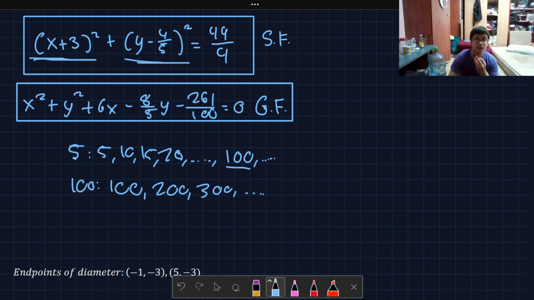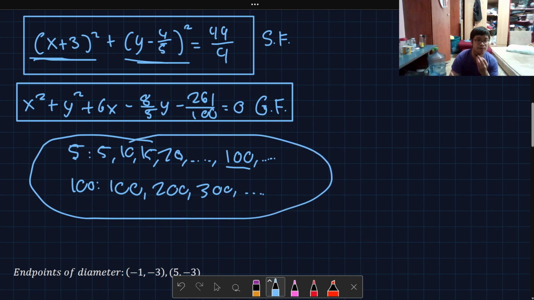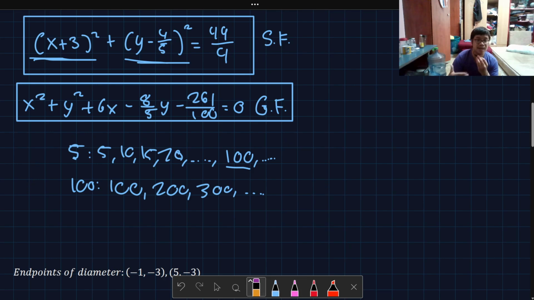By the way, what I'm doing here is listing all the multiples of 5 and 100, so that we can get the common multiple. There are actually a lot of common multiples of 5 and 100. In fact, 200 and 300 are also multiples of 5, because 200 is 5 times 40 and 300 is 5 times 60.